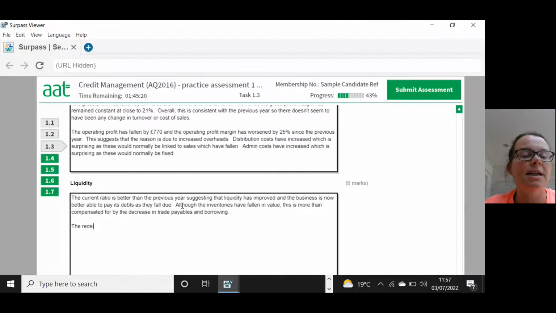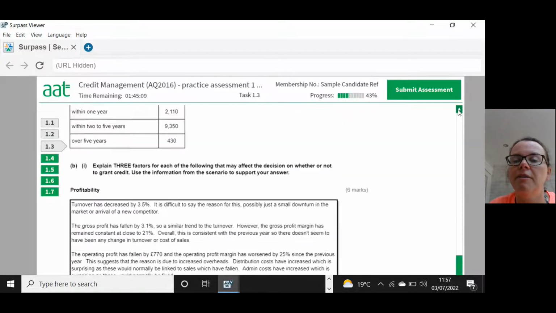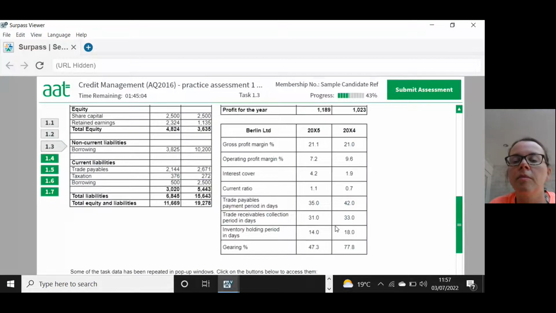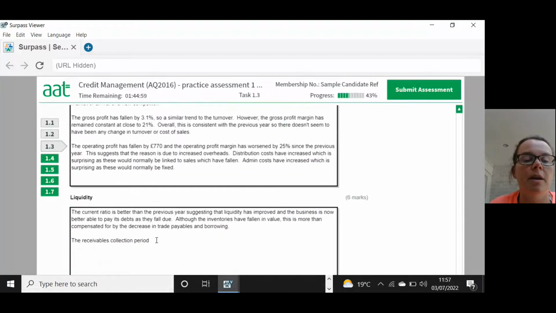So then, as I said, I would do the receivables collection period and have a look and see what's happened to that. So the receivables collection period has gone from 33 to 31, so it's improved slightly. Has improved slightly from 33 to 31 days on average for customers to pay their debts.